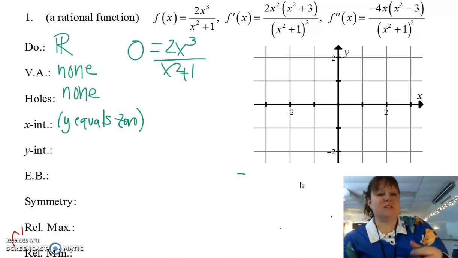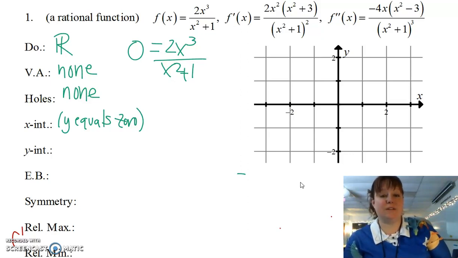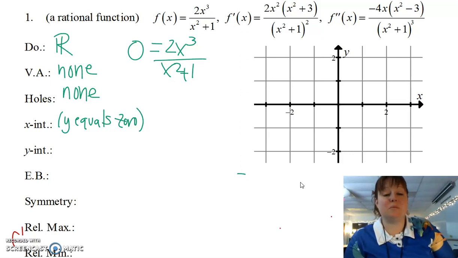If we started trying to solve this, we'd notice that when we multiply this over here, we just get 0, because think about this, when you have a fraction, does it matter what's on the bottom if 0 is on the top? No, the only way to make a fraction 0 is to have 0 on the top. So you can have a million on the bottom, it doesn't matter. If there's 0 on the top, then the fraction is equal to 0. So we need to figure out where is our numerator equal to 0.